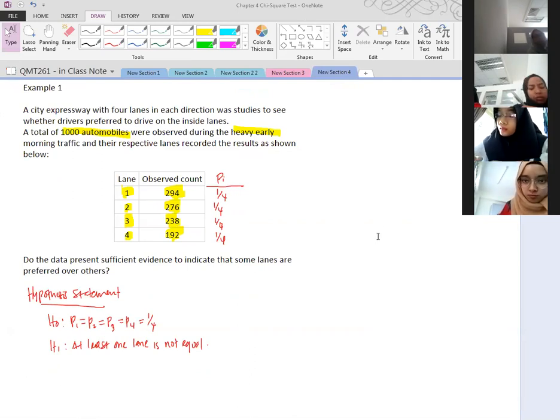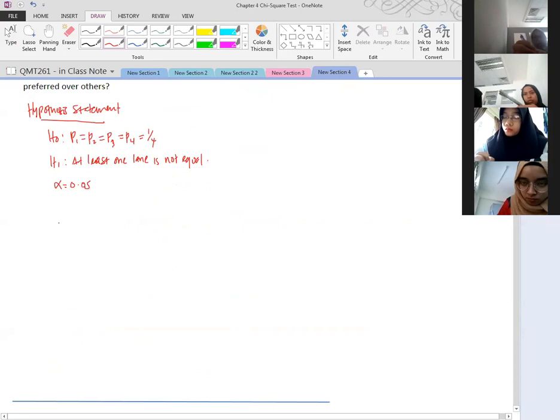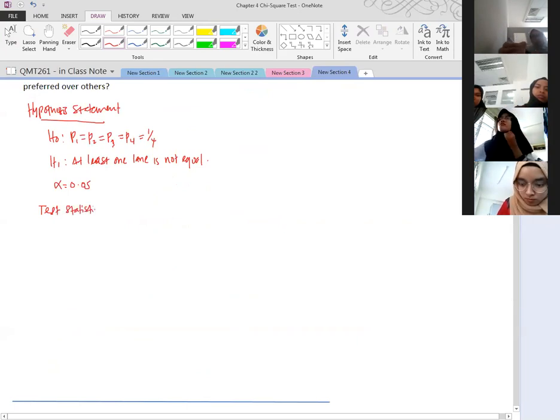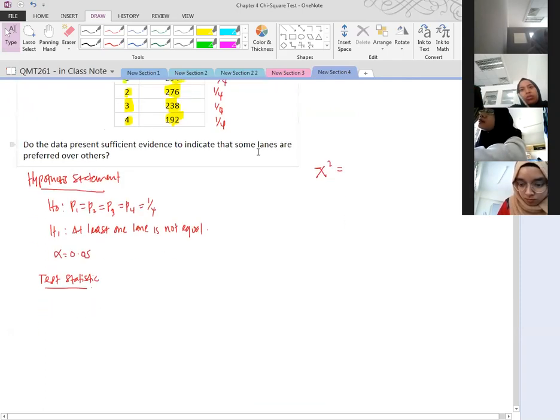Let's assume that our alpha is equal to 0.05. The second step is the test statistic. Here in the goodness of fit test, this is a chi-square test, because we are calculating from categorical data.